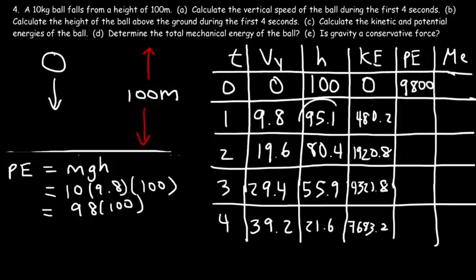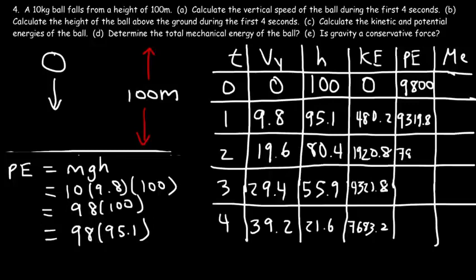Now what about when the height is 95.1? So the 98 part is going to stay the same, and then the height is just 95.1. So 98 times 95.1 is 9,319.8. Next is going to be 98 times 80.4, and so that's 7,879.2.